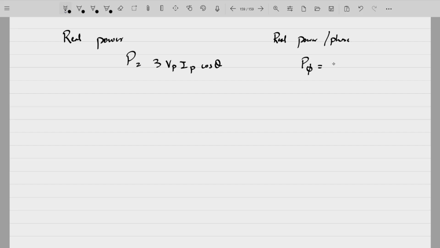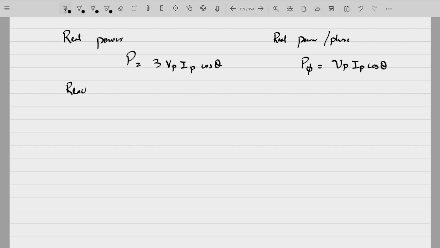Per phase, it is simply Vp Ip cos theta. This is the same formula that we found for a single phase system. There also we had discussed that real power is equal to Vp Ip cos theta, where Vp and Ip are the RMS values. The only difference here is that this is per phase. The total real power will be thrice that.